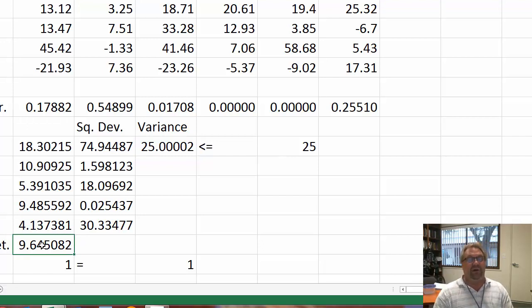But notice what happens to my return. If I want to minimize my variance at 25%, then the most I'm going to be making in expectation is about 9.65%. And then again, the same thing applies. I hope I'm not beating this horse too badly, but this is the expected return. This is what you would expect to get on January 1st.